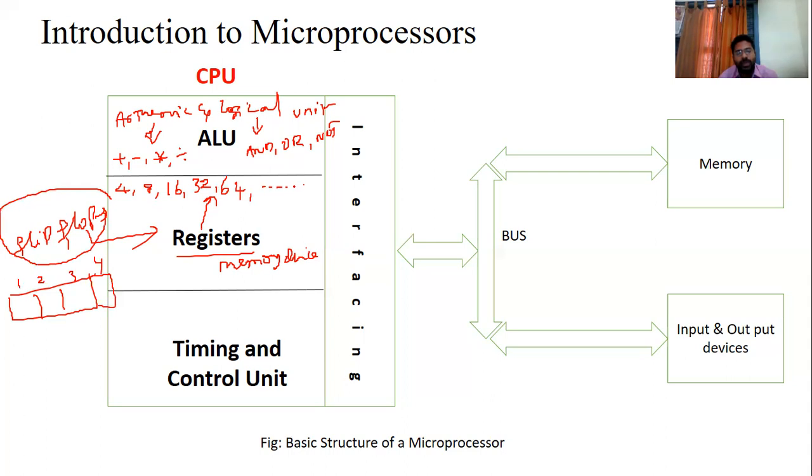Nowadays when we talk about Windows 10 and someone asks which bit Windows it is, you say 32-bit or 64-bit. That actually depends on the registers.